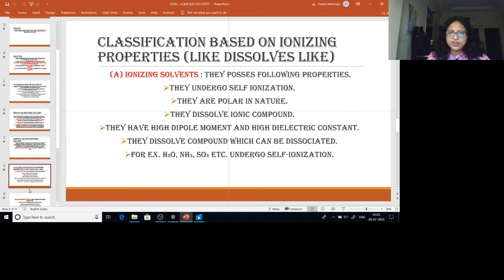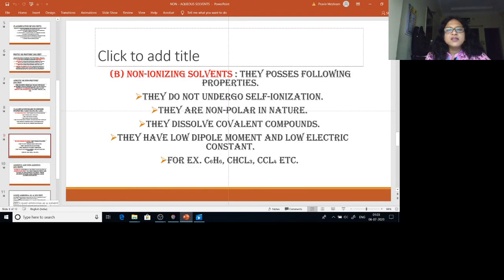For example, water, ammonia, SO2, etc. Then the second category is non-ionizing solvents. They do not undergo self-ionization. They are non-polar in nature. They dissolve covalent compounds. They have low dipole moment and low dielectric constant. For example, C6H6, CHCl3, CCl4, etc.